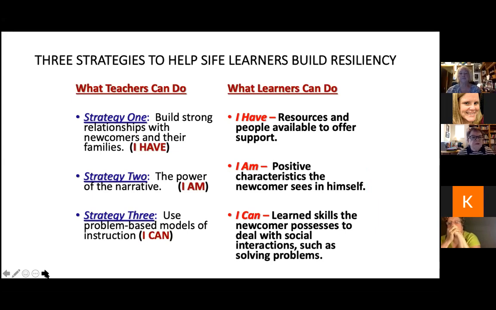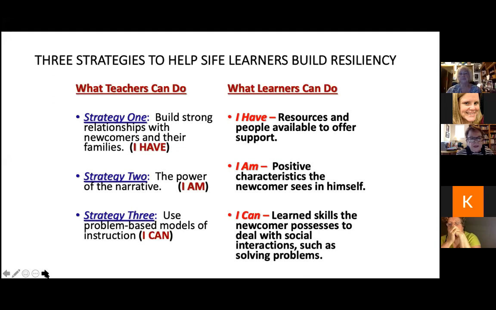And she talks about 3 strategies. They're called the I have, I am, and I can strategies. So what I've done for this is I've put together a table, 2 columns, for what teachers can do and what the learner can do to become resilient. And we'll go into more of this when we do our 5-hour presentations.